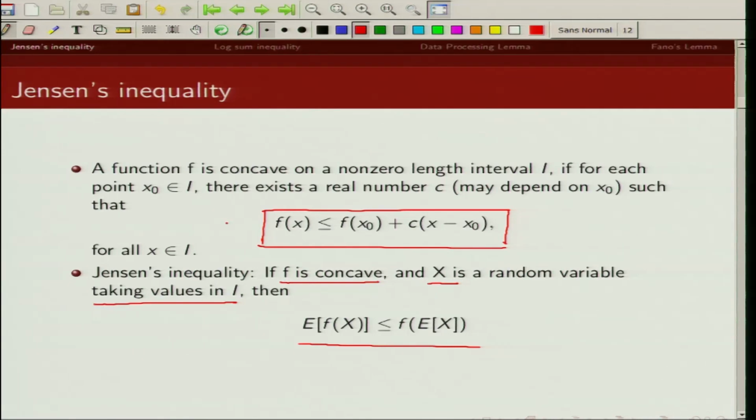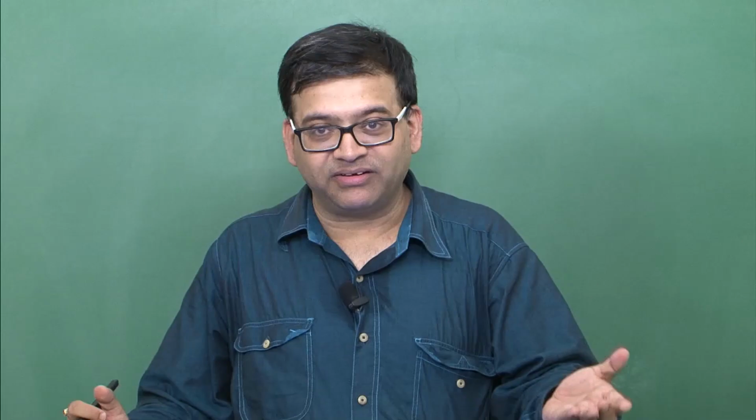So if I take expectation on both sides, what do I get? The expected value of f of x is less than or equal to the expected value of f of x naught. Now what is f of x naught? X naught is a number in the interval over which this function is concave.